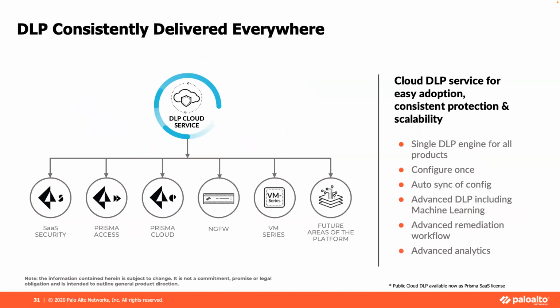Well, we have a cloud-based service for this that works with Prisma Access and our physical next generation firewalls, or VM firewalls, Prisma Cloud, our SASE security, all those sort of things.